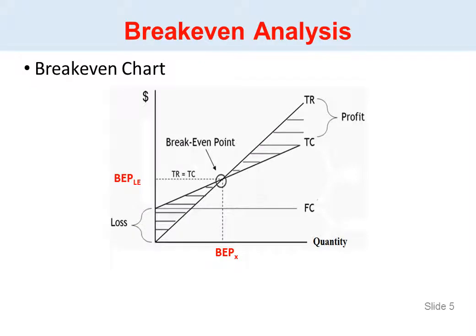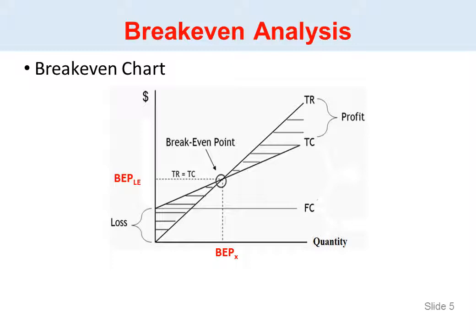This is the shape of the break-even chart. The x-axis is quantities and the y-axis is money, dollars or whatever currency you are using. We have three lines here, for a linear break-even chart.